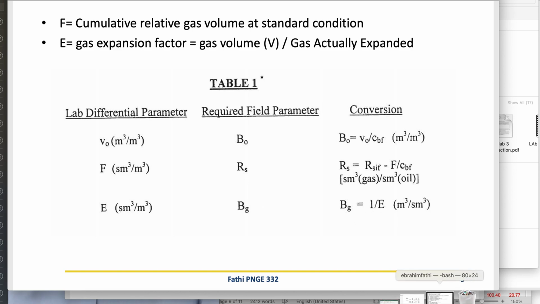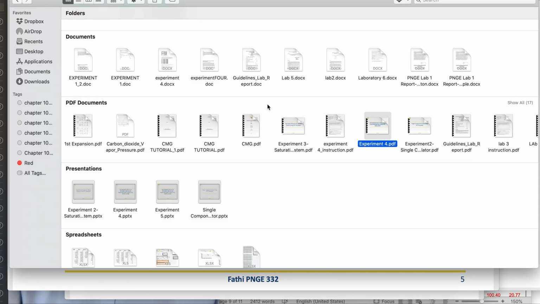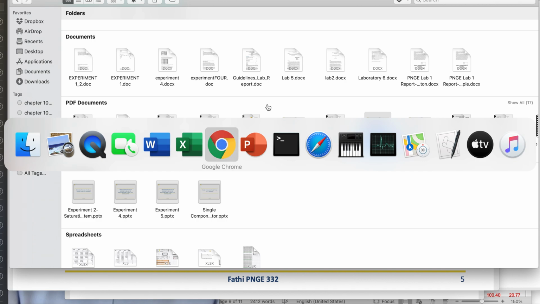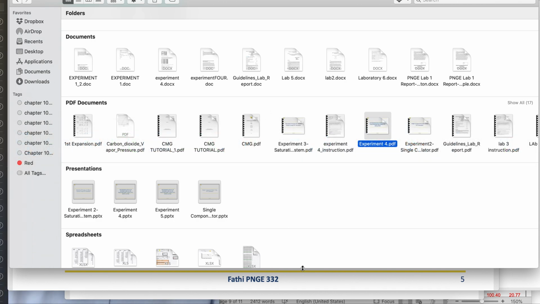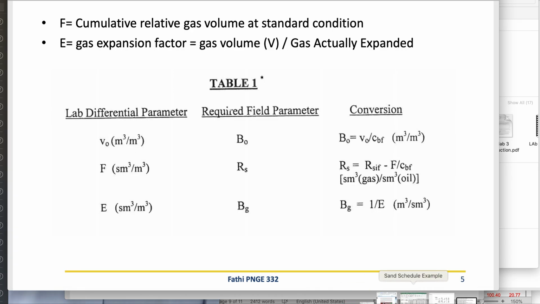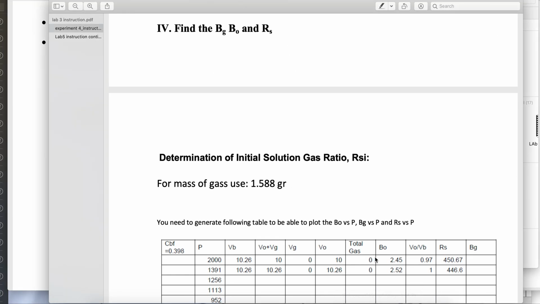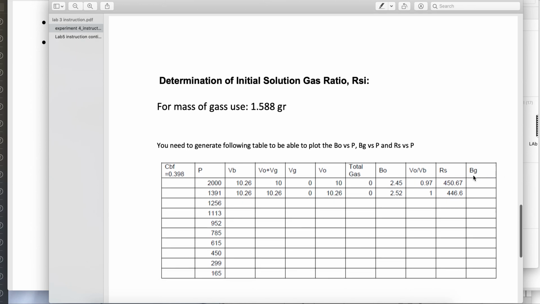So when you have all these values, then you simply can find the tables of BG, BO, and RS as a function of pressure.